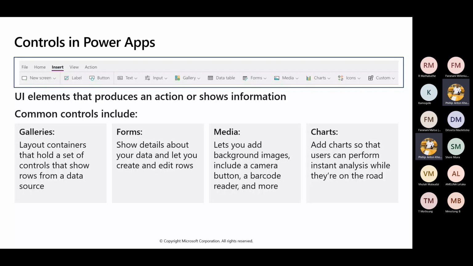And then we have gallery, which is a layout container that holds a set of controls that show rows from a data source. So gallery, take it as an image gallery. An image gallery takes a list of images that is stored either in your phone, or for those who store their information in the cloud, the images would be stored in the cloud, right?